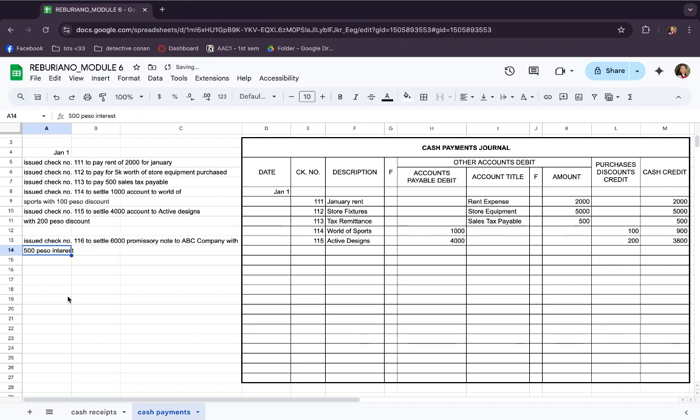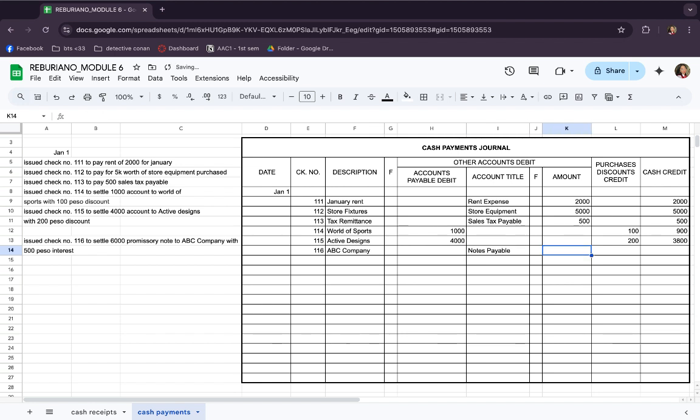So this is somewhat similar din sa kanina, sa cash receipts na transaction. So we will input check number 116, then the name of the company, ABC company. Then we will not put the 6,000 under accounts payable, rather notes payable.